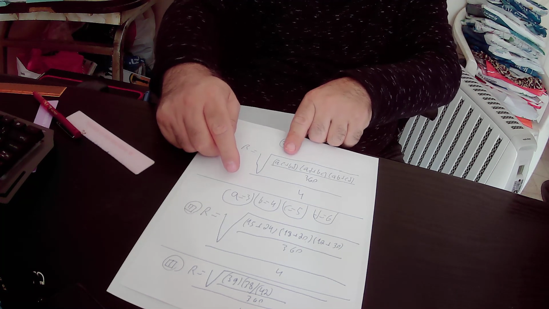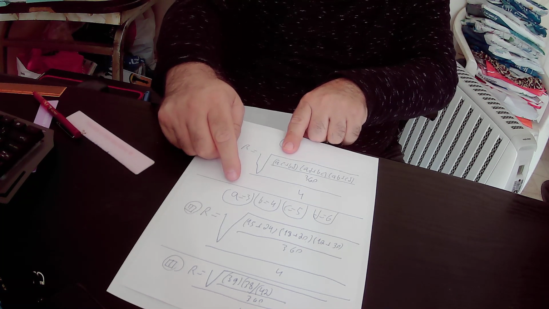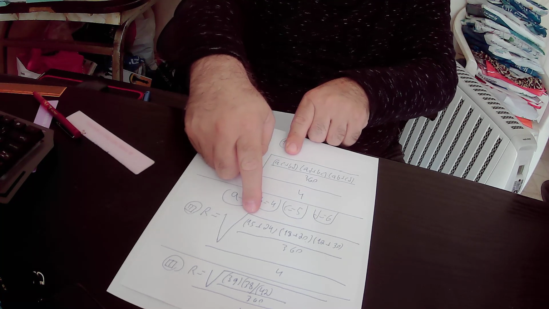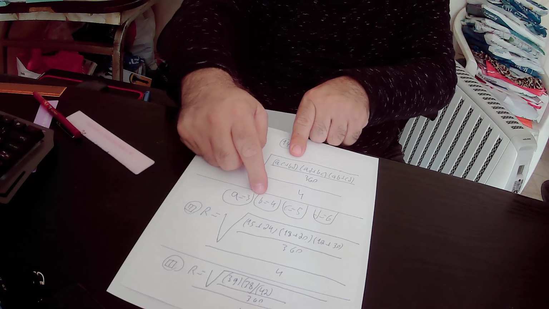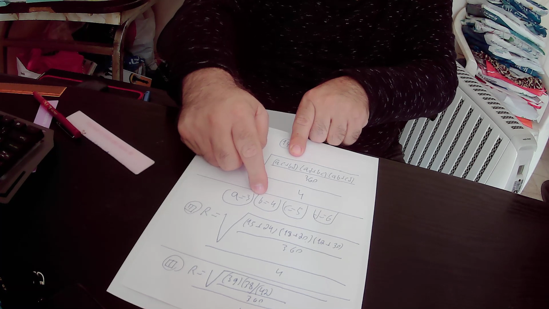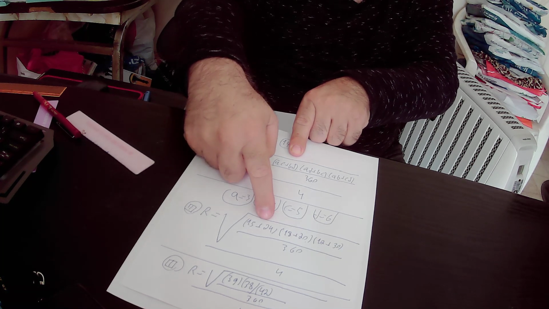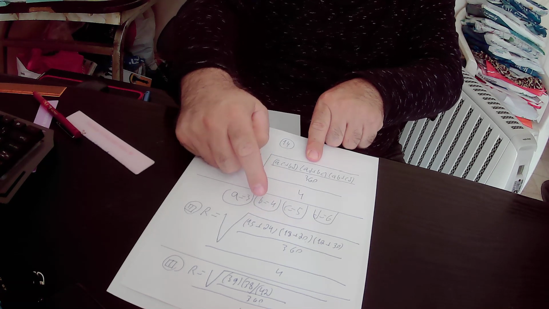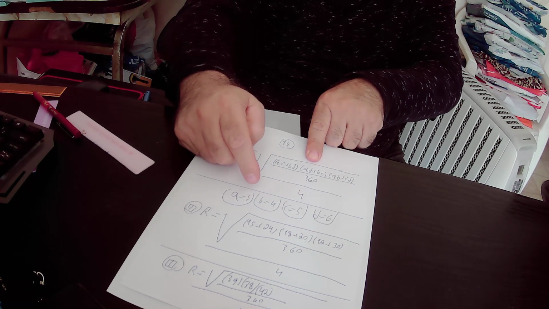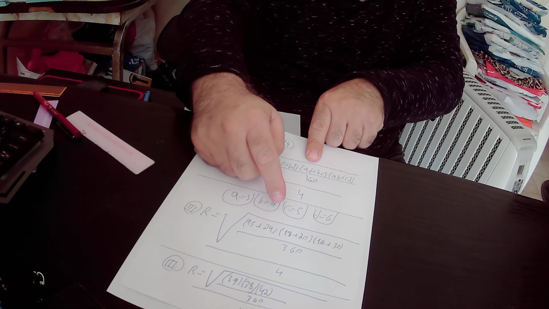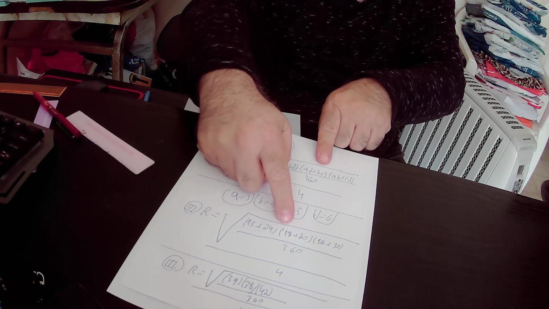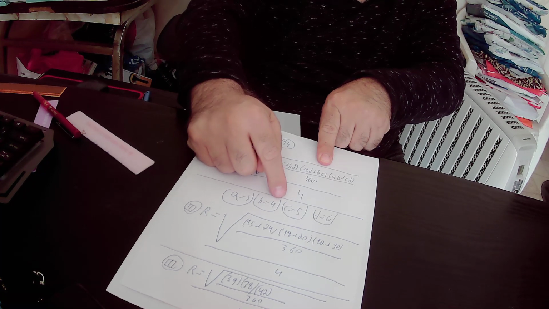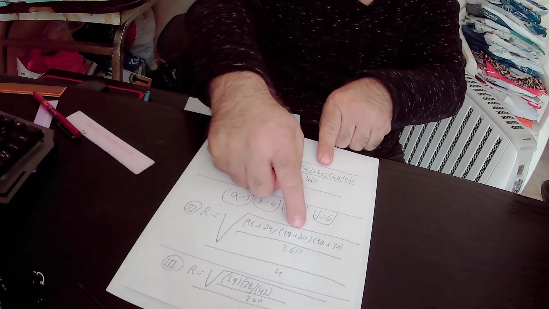A is 3, C is 5, so AC is 3 times 5, which is 15. B is 4, D is 6, so 4 times 6 is 24. A is 3, D is 6, so 3 times 6 is 18. B is 4, C is 5, so 4 times 5 is 20.